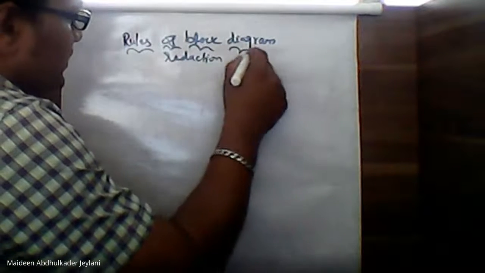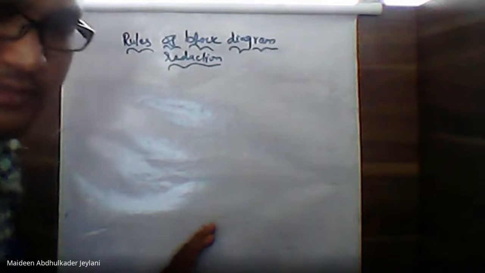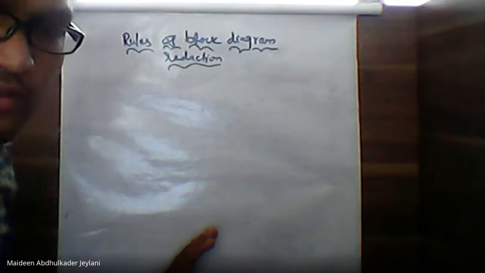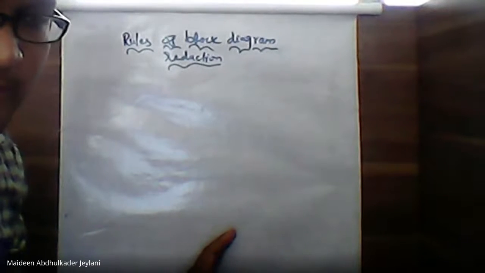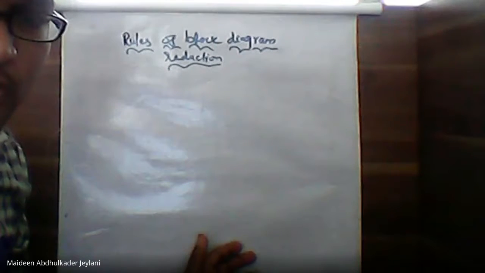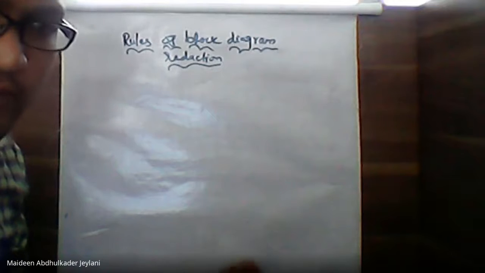Block diagram reduction techniques. Okay, so actually in our syllabus we have no separate topic of block diagram reduction techniques. What we have is, from that block diagram you have to convert that into a signal flow graph.